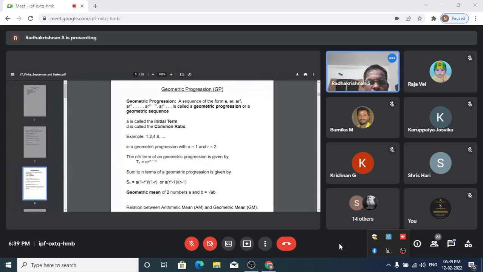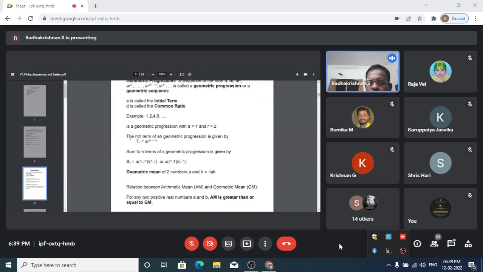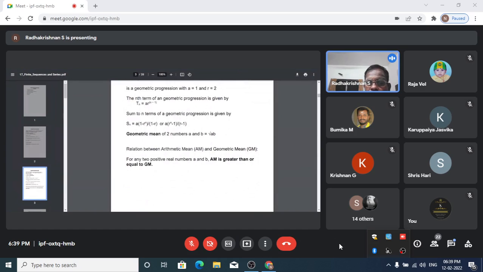That is the geometric mean. And the relation between arithmetic mean and geometric mean is that the arithmetic mean is always greater than or equal to the geometric mean. For any two positive real numbers a and b, AM is greater than or equal to GM. Okay.